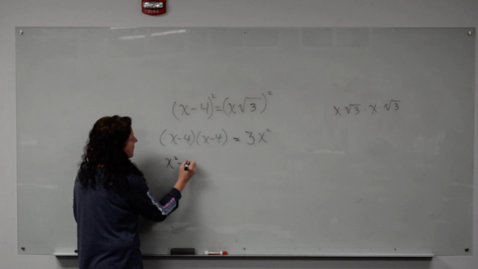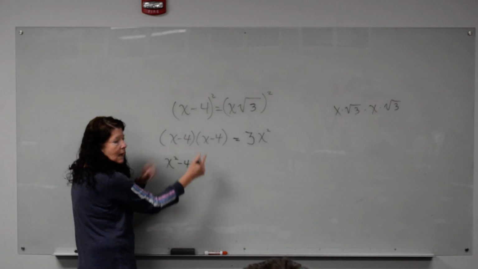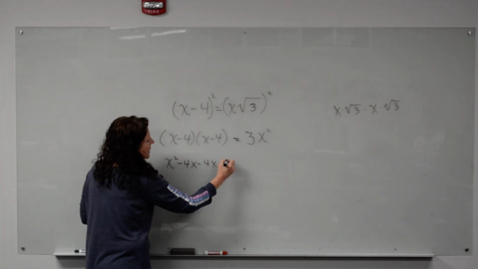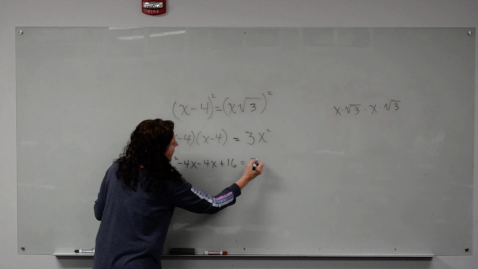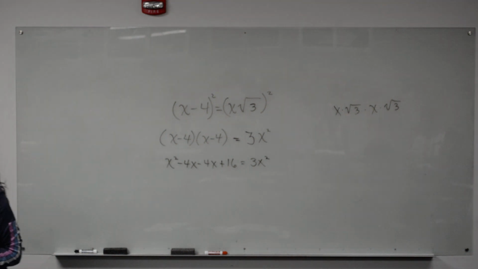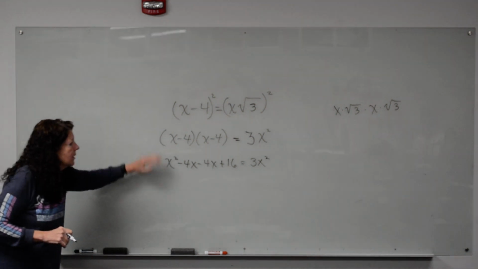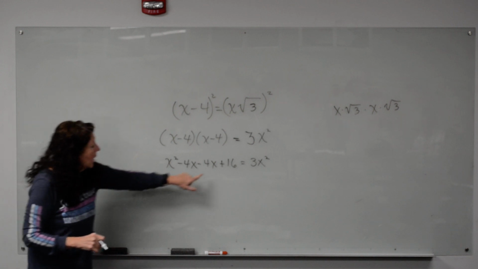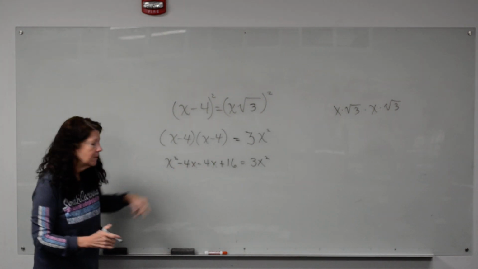Outside, negative 4x. Inside, negative 4x. Last, plus 16. Now, we're going to stop right there. Does everybody see where I am? You understand how I went from here to here? Everybody? Okay. I can combine that center section right there.